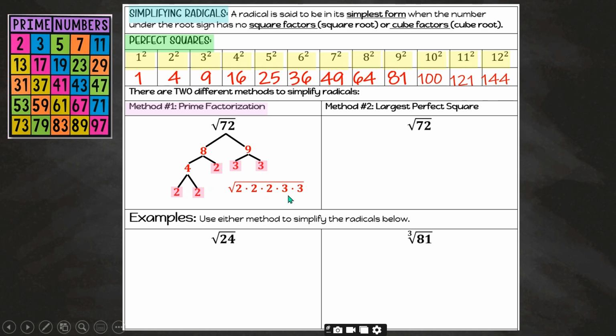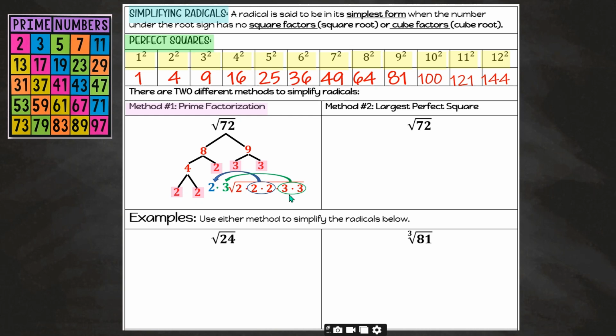In order to simplify a radical, I am looking for pairs of numbers here. The reason I'm looking for pairs is because the index here is 2. Remember, if the index is not written, it is an implied 2. Because I have a pair of 2's, I can take that pair of 2's out of the house and it becomes 1, 2. I have a pair of 3's. I can take that out of the radical and it becomes 1, 3.